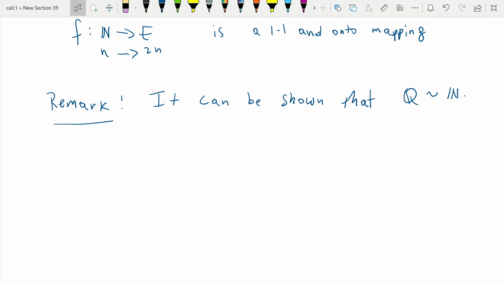So if you look at the power set of A, there's no bijection from A to the parts of A. You will always be short of many elements. Okay, so this actually motivates the introduction of the notion of countability.